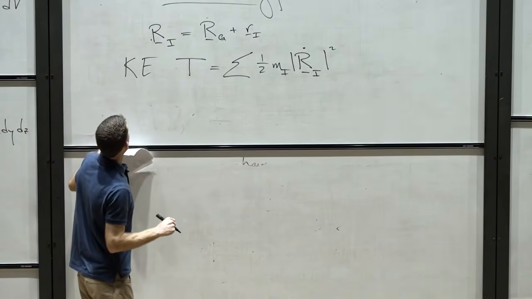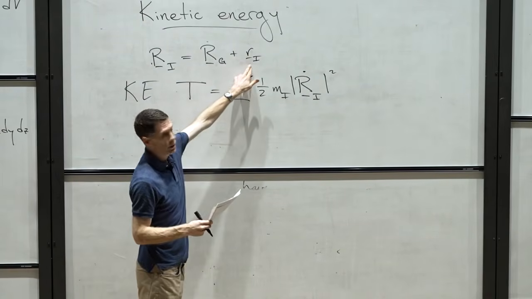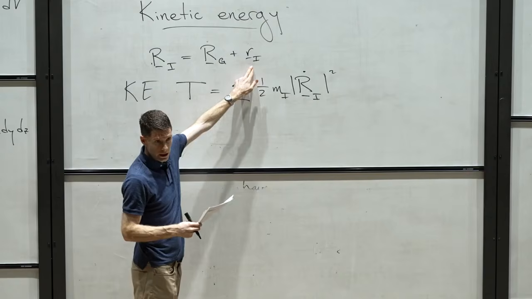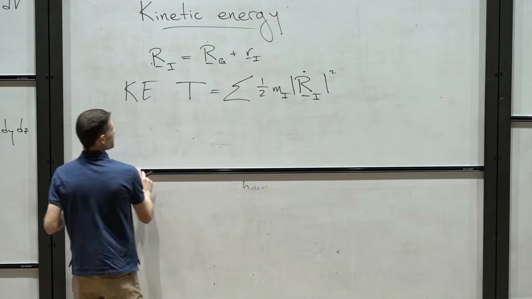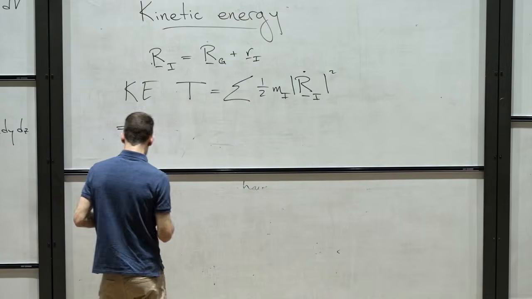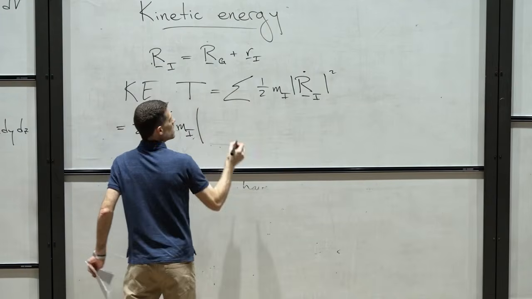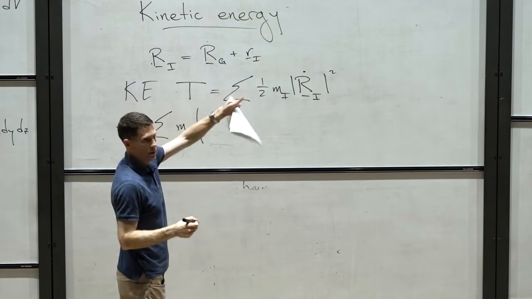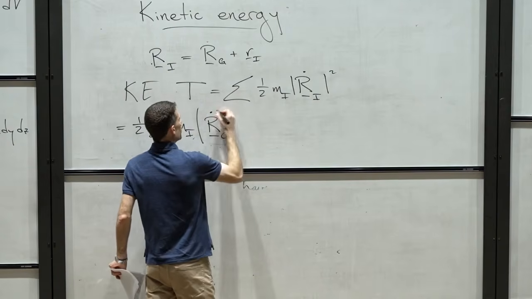So R_i dot squared: R_i dot is R_g dot plus little r_i dot, and little r_i dot is omega cross r_i. That's where angular velocity comes in. So this is equal to 1/2, pull that out front, sum m_i. I get an R_g dot, and then I square that, so I get R_g dot squared.